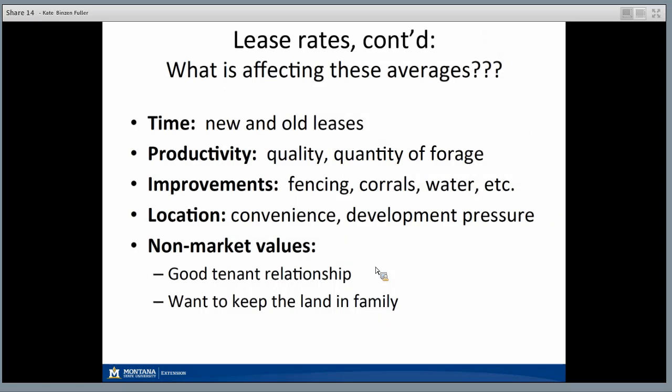There's also a number of non-market values, or values that are harder to capture, but some of those include a good tenant relationship.